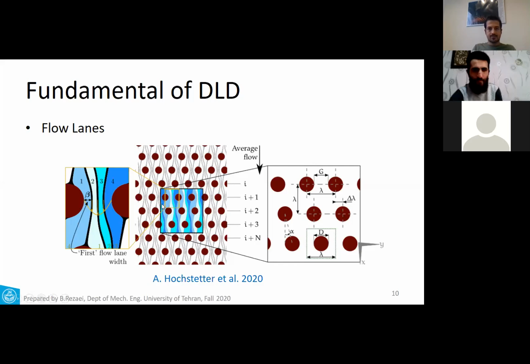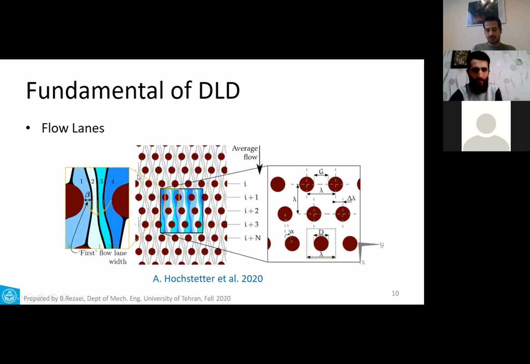When the fluid passes the gap between two successive posts in a row, for example, look at the row I+1, where there is a yellow circle, you can see that this fluid has been divided into 4 lanes. In the left image, you can see 1, 2, 3, 4.